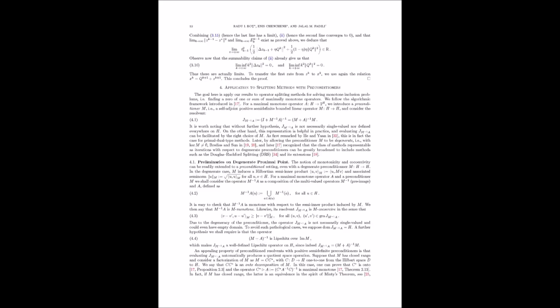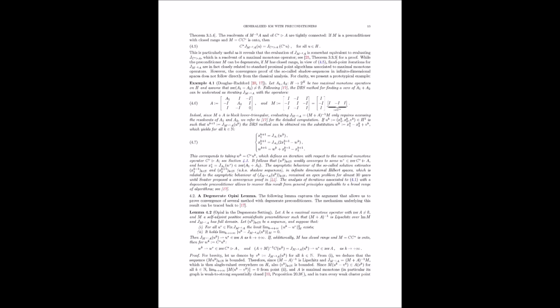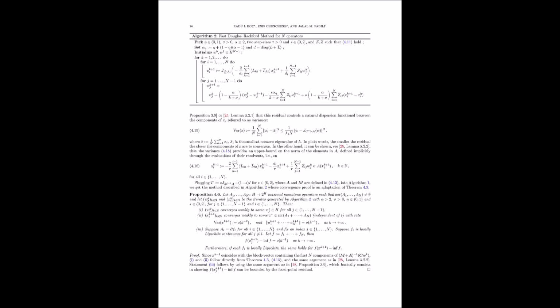And to avoid those pathological cases where J_{M^{-1}A} might misbehave, the paper imposes some sensible conditions. We require that its domain encompasses the entire space, ensuring that it's defined everywhere we need it to be. Additionally, we require that the operator (M+A) inverse is Lipschitz continuous over the image of M, which essentially limits how much the operator can stretch or distort things. So these conditions are like setting up guardrails for our mathematical machinery, making sure everything runs smoothly.